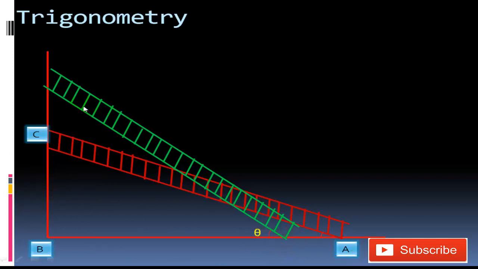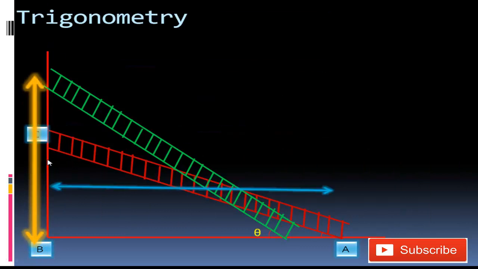This means if we want to paint the higher portion or the lower portion of the wall, we must change the position of the ladder. Now let us observe, if we place the ladder on the higher portion of the wall, theta is increasing. When theta is increasing, the height also increases and the base decreases.